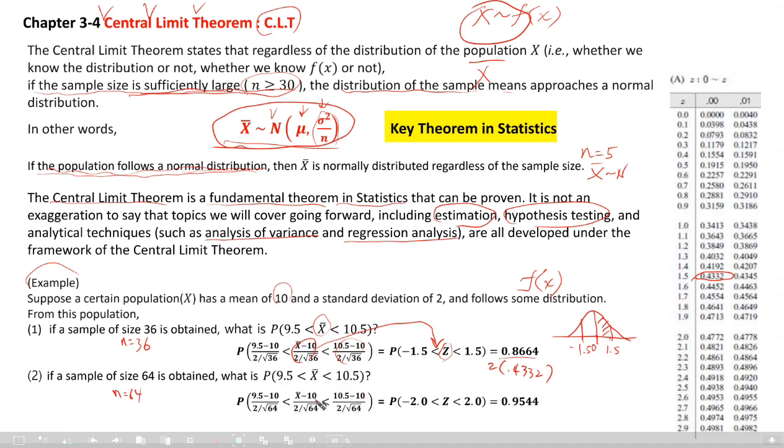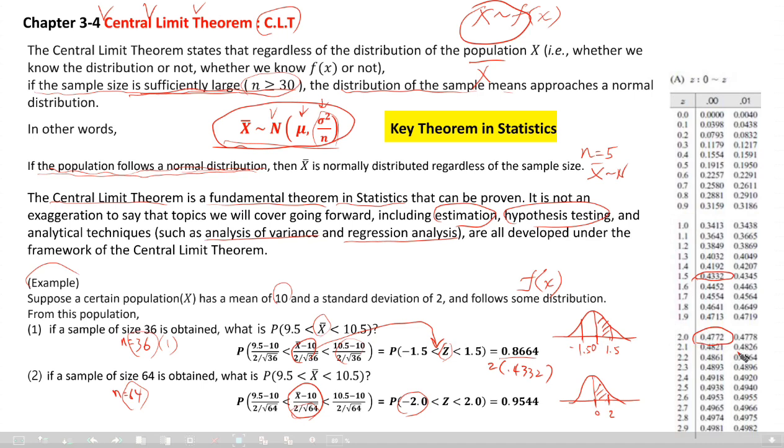If the sample size 64 is obtained, what is the probability of x bar from 9.5 to 10.5? Then standardize it, left side and right side. What is different from above? In this case, the sample size increases from 36 to 64, right? So this part will change. So this one is minus 2.0 and plus 2.0. What is the probability of that? For 2.0, the probability is 0.4772.